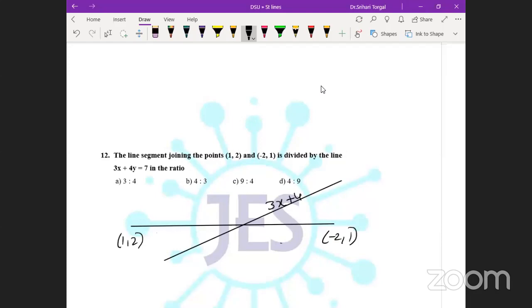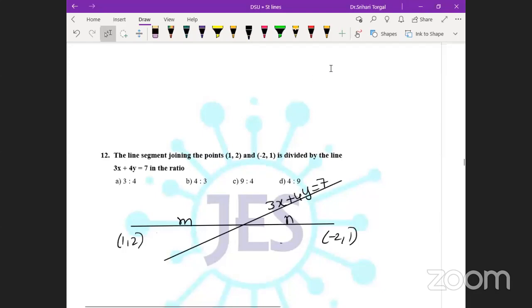It is 3x plus 4y is equal to 7. Right? 3x plus 4y is equal to 7. Then we have to find this ratio, m is to n.